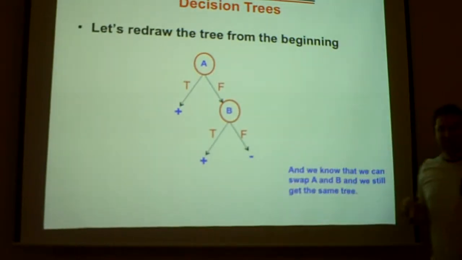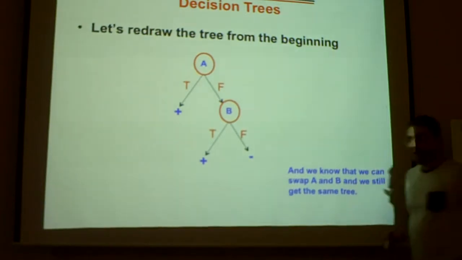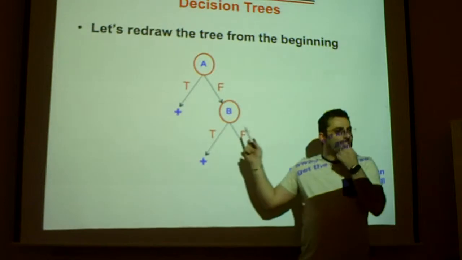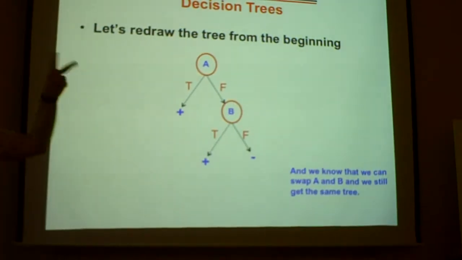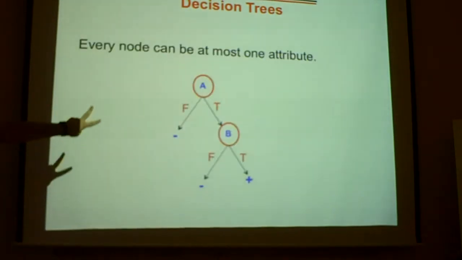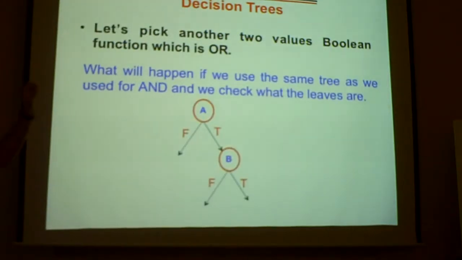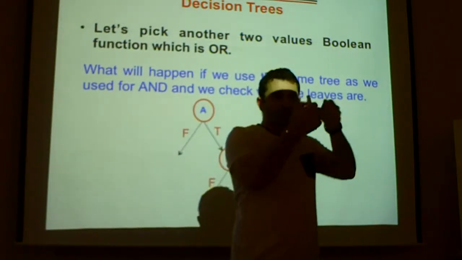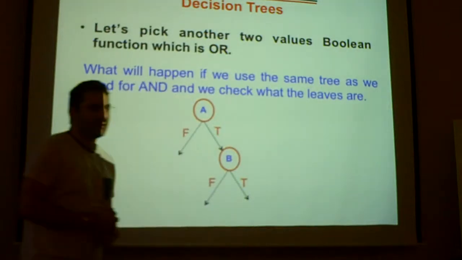I can still get the same result that I had. And one other thing is, like AND, how many nodes do I need to represent this one? Only 2 nodes. I need only 2 nodes in order to represent it. For the AND, I also need 2 nodes to represent it. Okay? So, I am dealing with the Boolean function. But when I am changing my AND to OR, I need to change some parts of the tree.